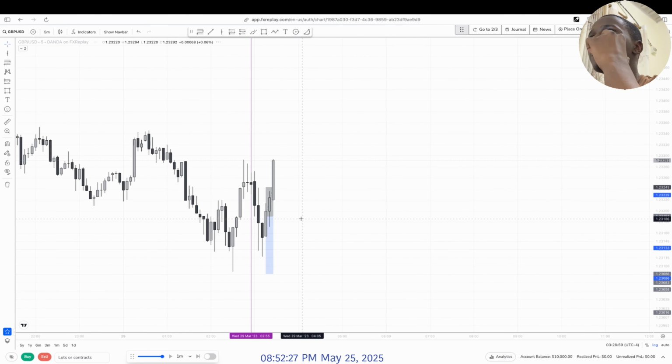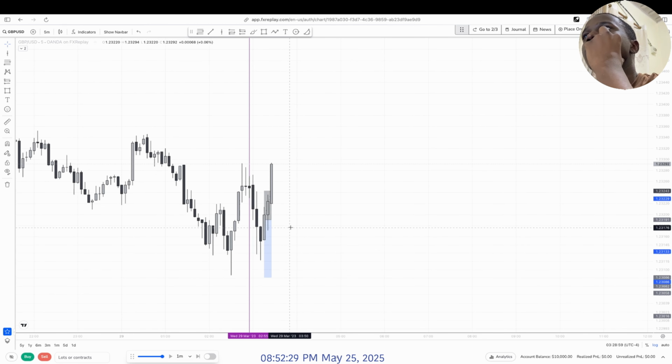And how about the 5 minute? You can see that the 5 minute also formed the fair value gap, but the gap wasn't respected at all.